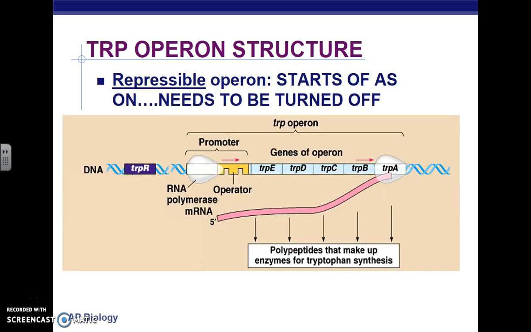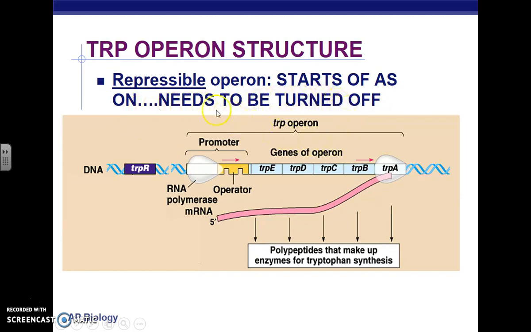The TRP operon is said to be a repressible operon. Repress means to stop. If I was going to stop someone from complaining, you would repress them from complaining. Repressible operons are operons that start as being on and need to be turned off.